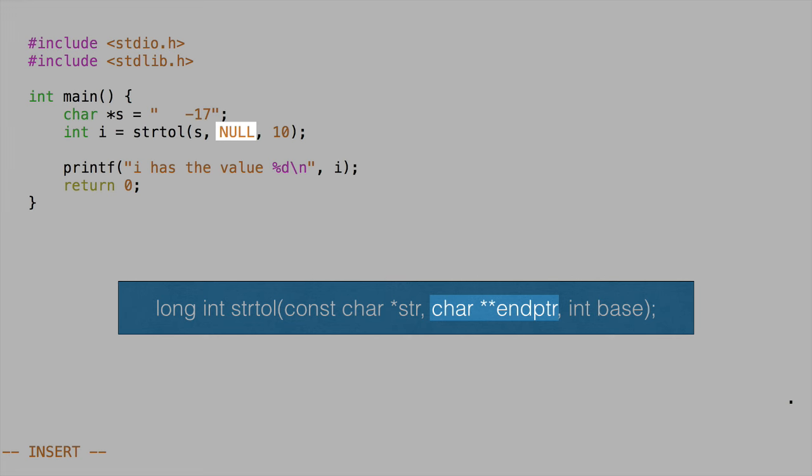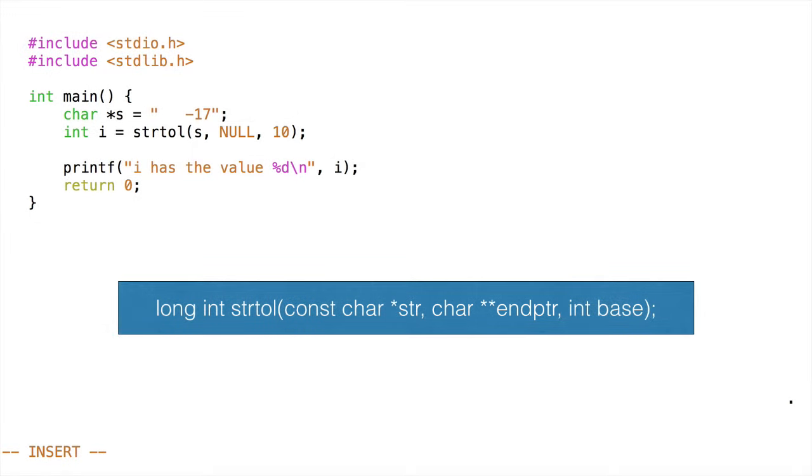That's the address of a pointer to char. If instead of null, we pass in the address of a pointer to char, strtol sets the pointer to point to the first character of the leftover, or the unconverted, part of the first parameter. Let's change our example to demonstrate this. First, we'll update our string S to include non-numeric characters.